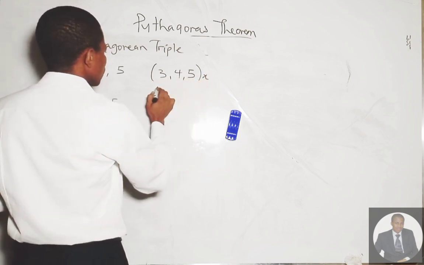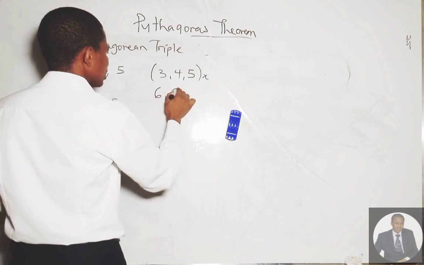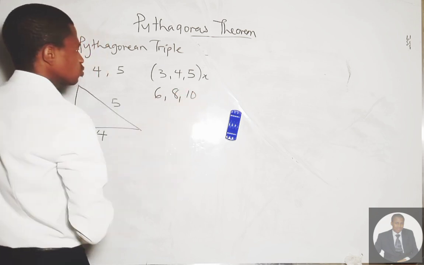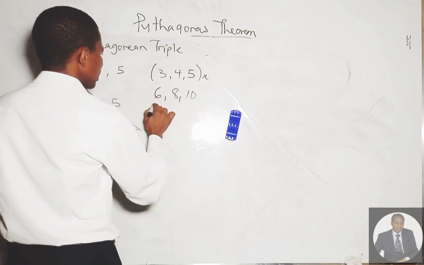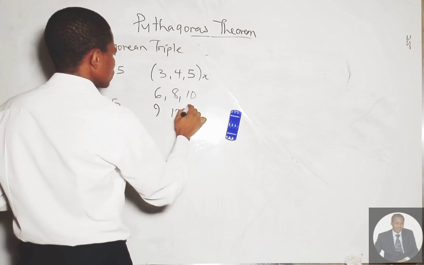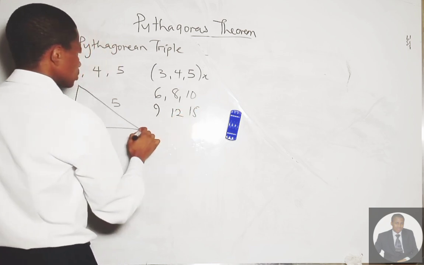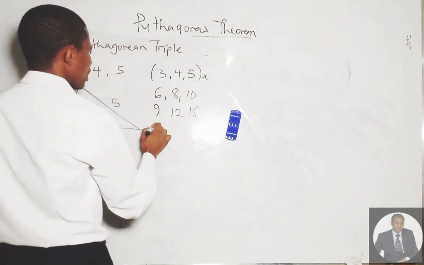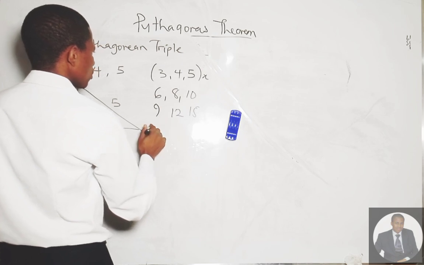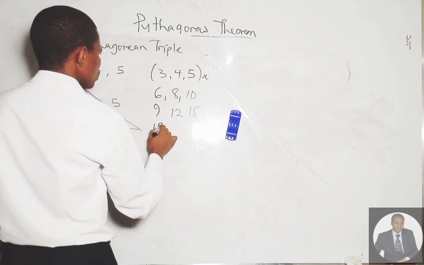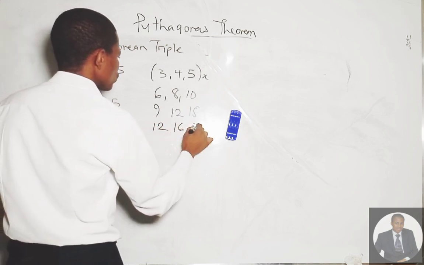X could be 2. If x is 2, we could have 6, 8, 10. X could be 3. We could have 9, 12, 15. X could be 4. We could have 12, 16, 20.